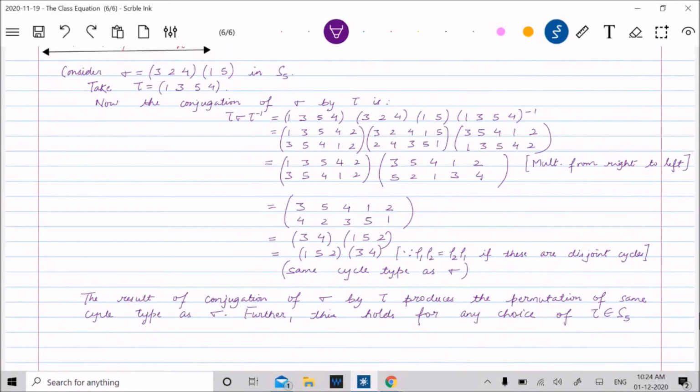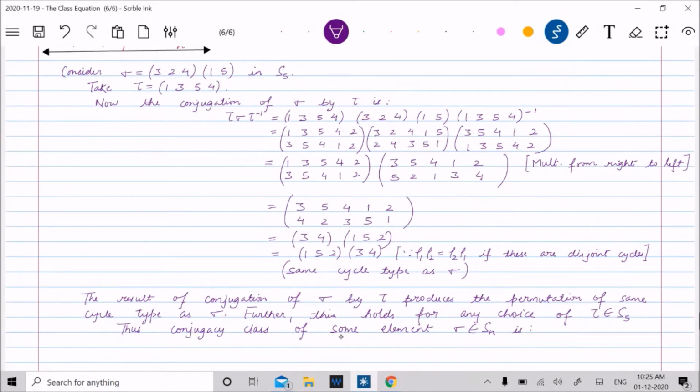cycle sigma, right? So that's why we can say that the conjugacy class of some element sigma belonging to Sn, and this does not just hold for S5. You can generalize it for Sn, right?